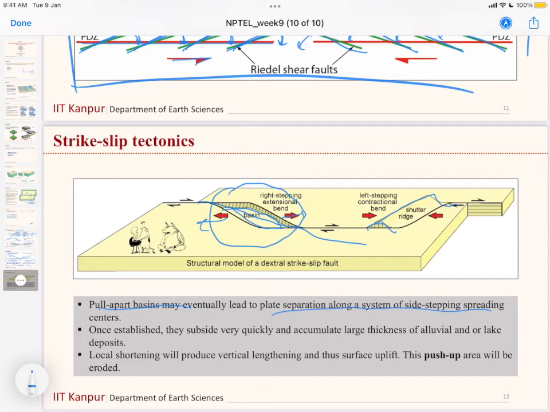and once they establish, they subside very quickly and accumulate large thickness of alluvial and or lake deposits. And if we talk about the ridge system, these are the local shortening that will produce vertical lengthening and thus surface upliftment, and this push up area will be eroded. Due to erosion in future it might be possible that it gets completely eroded, and the blocks can get completely apart or separated.